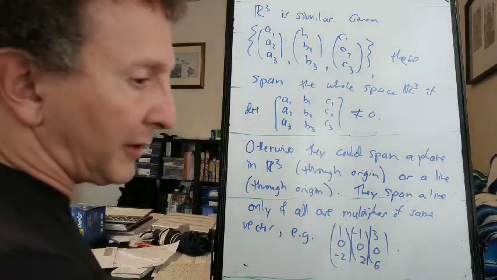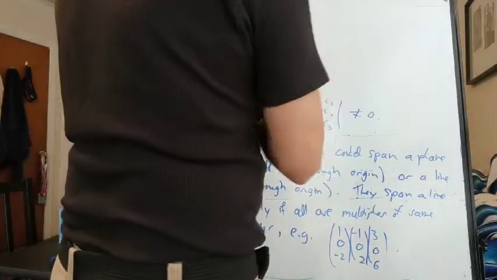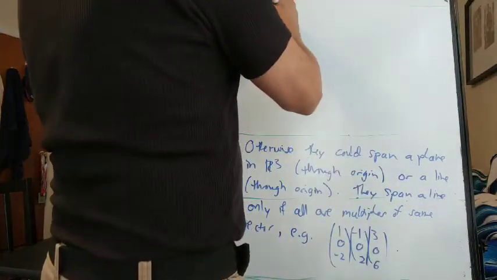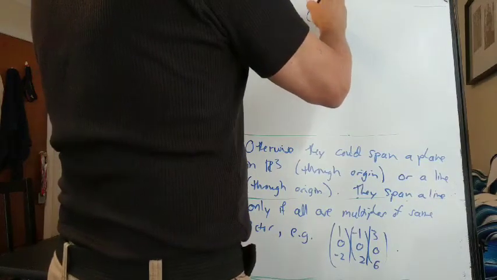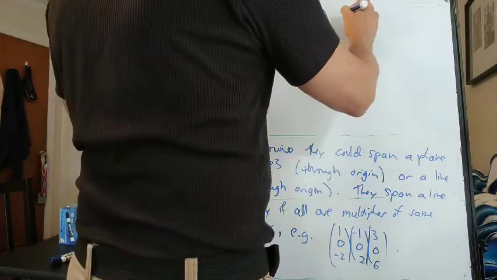All right, let's look at vectors in other vector spaces. So let M2(R), again, be the space of real 2x2 matrices.